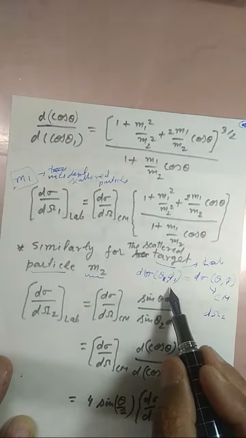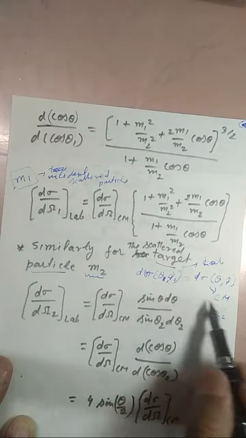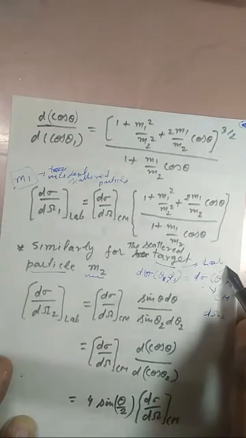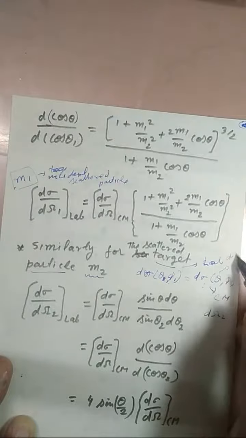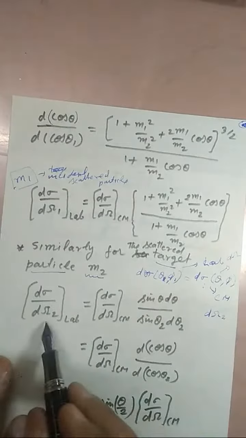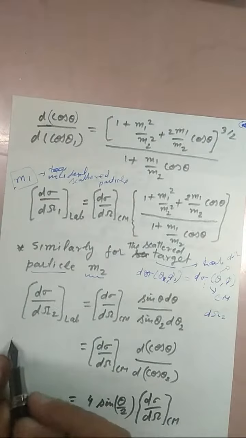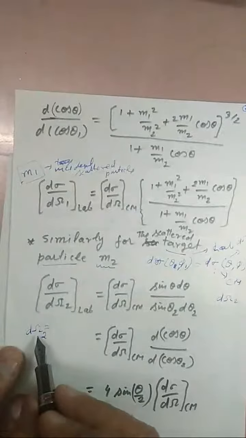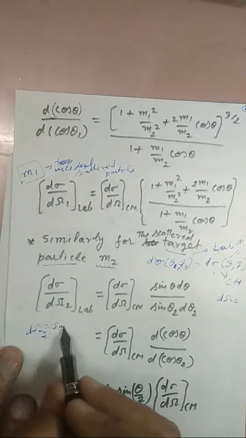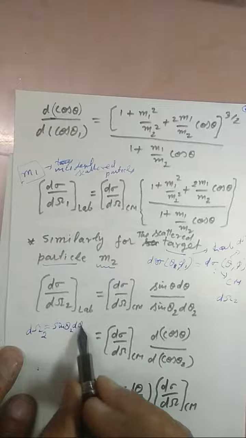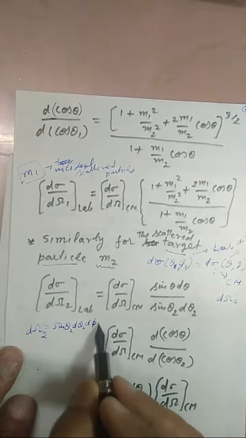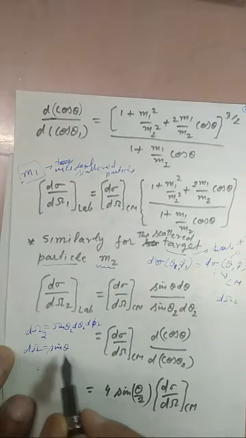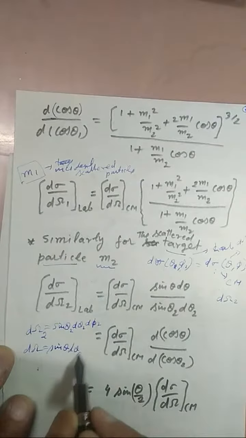This side we multiply d omega 2, and here we multiply and divide the center of mass frame with d omega. Here d omega 2 in the lab frame is sine theta 2 d theta 2 d phi 2, and similarly d omega is equal to sine theta d theta d phi.